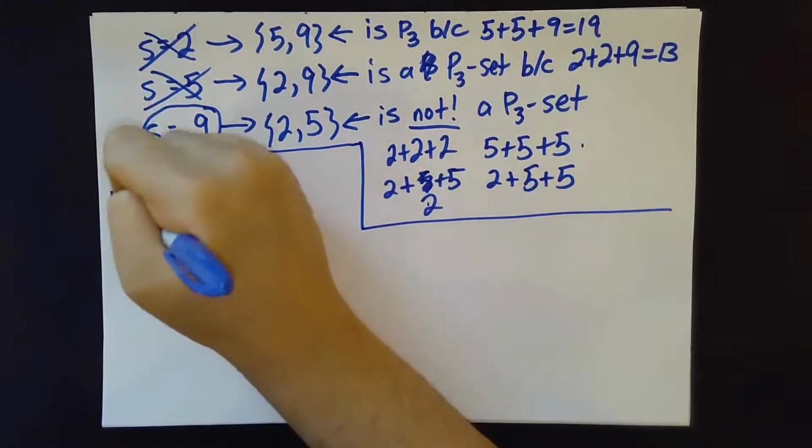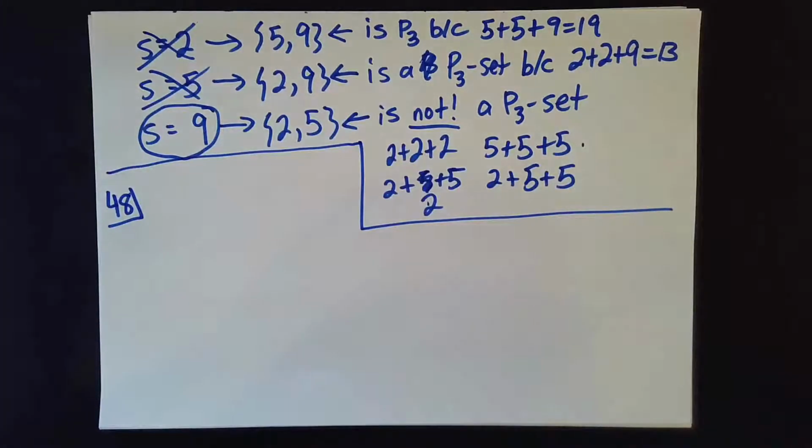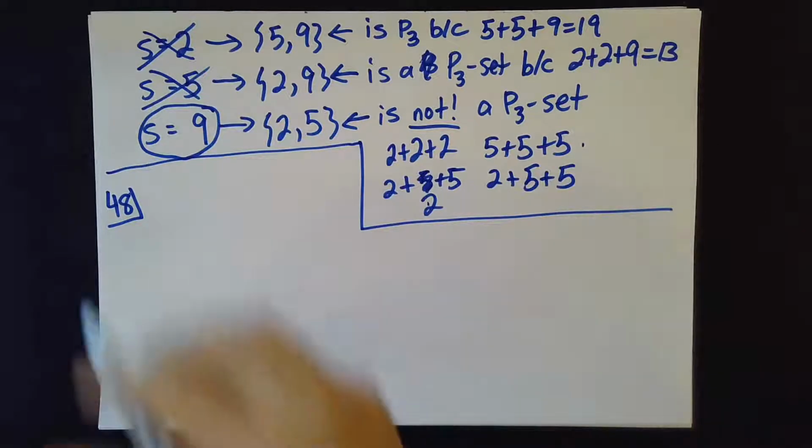Okay, 48 is to modify Euclid's proof to show that there are infinitely many primes of the form 3k plus 2.